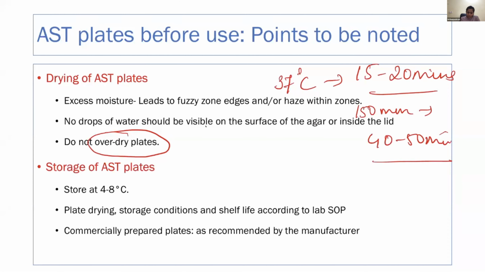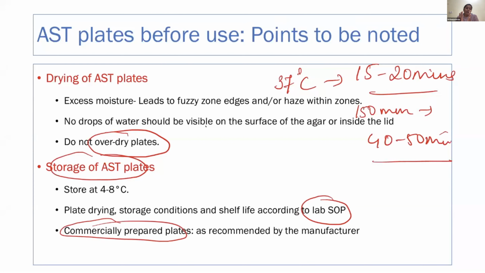Next important component is how we store the AST plates. Storage is at 4 to 8 degrees Celsius. If it is an in-house prepared media, there should be a lab protocol which tells us how to go about storing and what the shelf life of the media is. If it is a commercially prepared media, again, it depends upon the manufacturer.